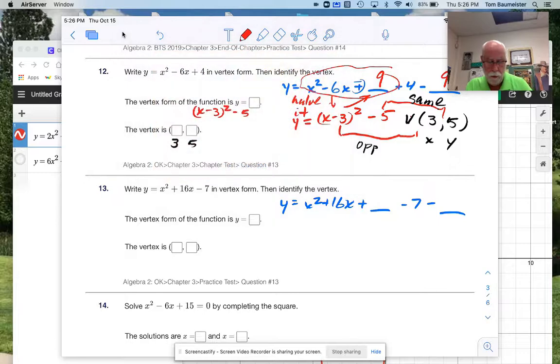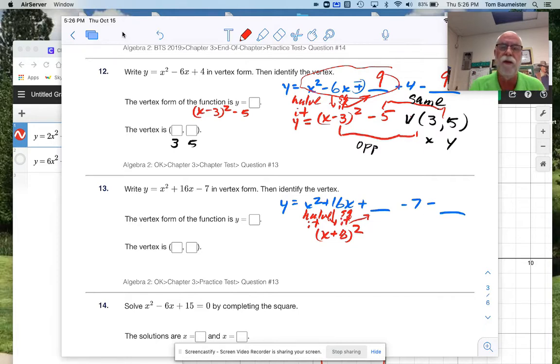So remember, you're going to have it, and then you're going to square it. So half of 16 is 8. So you can write this as x plus 8 squared. So have it. And then I'm going to tell you to square it.